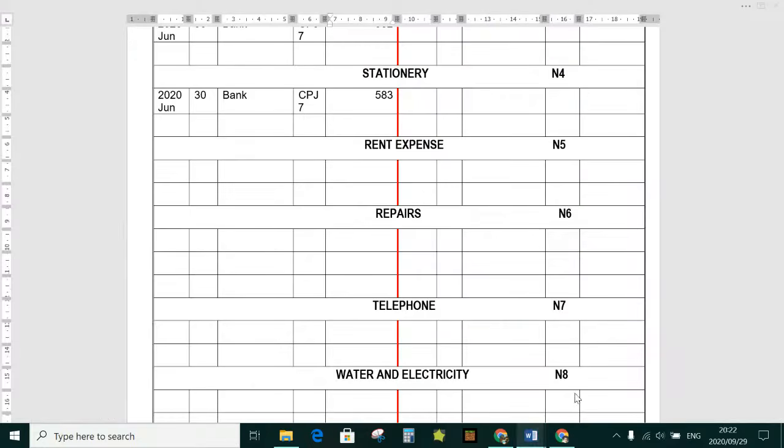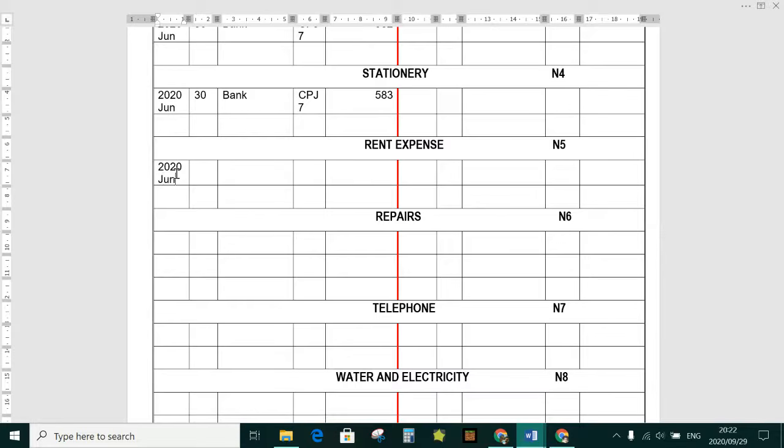So we go to rent expense, 2020, June. What is this specific day? This is happening on day 2. Where did the money come from to pay for rent? Bank, that's rent expense's partner account. CPJ 7. How much did we spend?